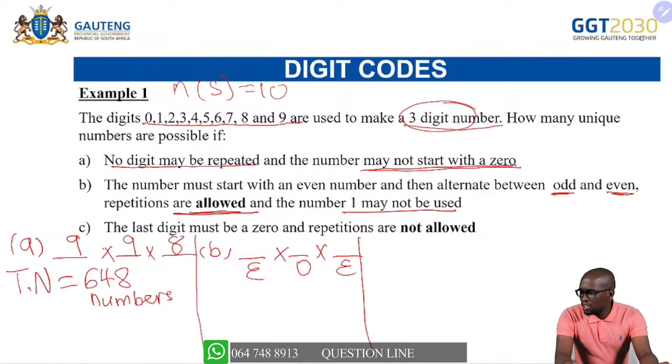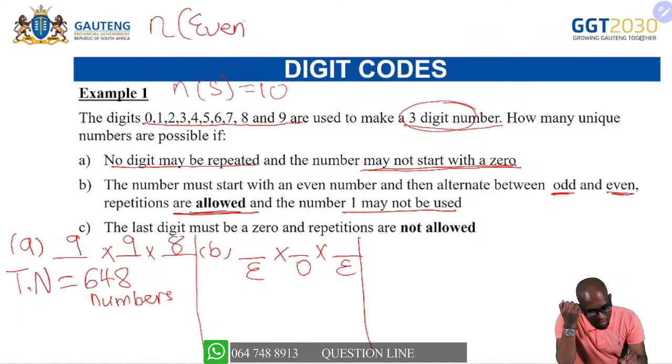Now, if you have that particular condition where you want to alternate between odd and even numbers, we can check here. Out of our sample size, how many even numbers do we have? Even numbers, we have 2, 4, 6, 8, including 0. So the number of even numbers should be given by 5.